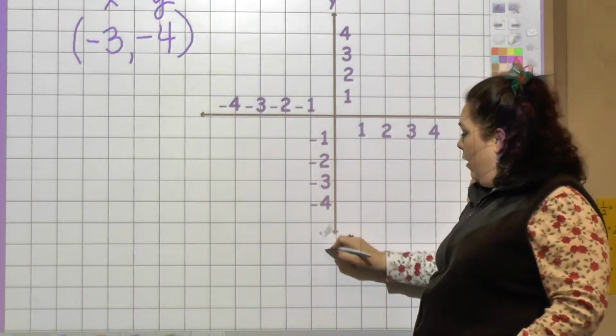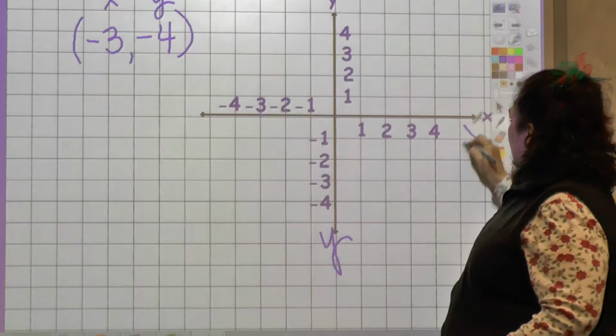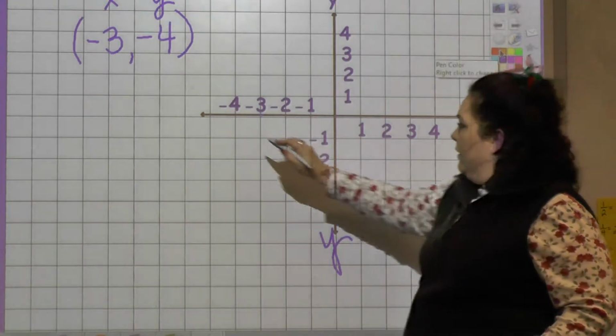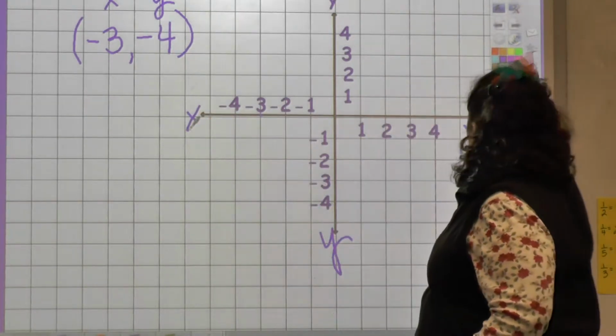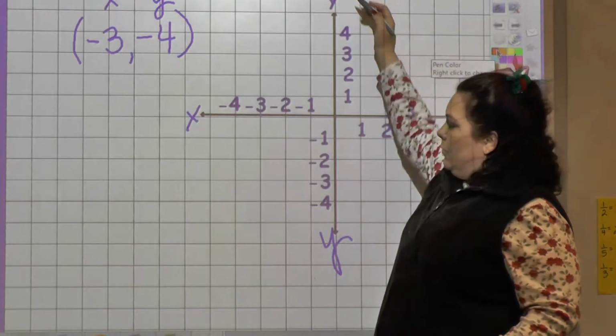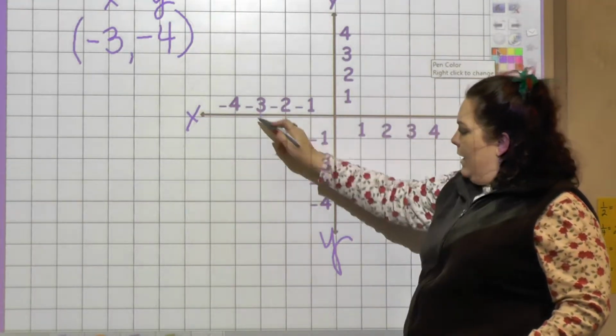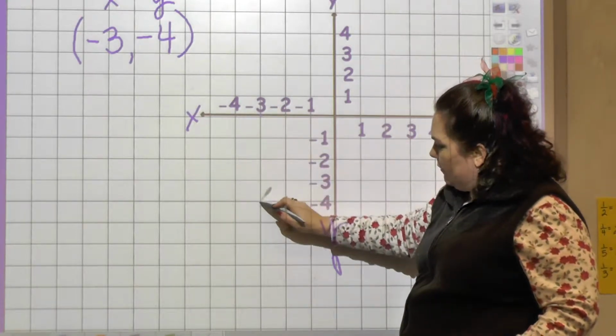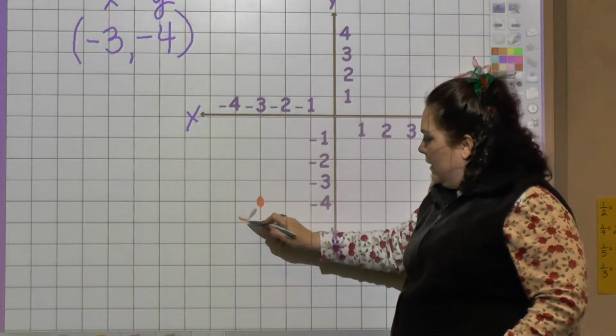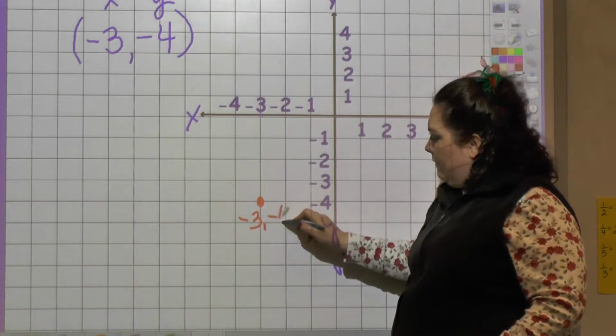This is still x over here, and this is still y over here. So -3, and then on the y, -4. So I would go down to here, and I would say -3, -4.